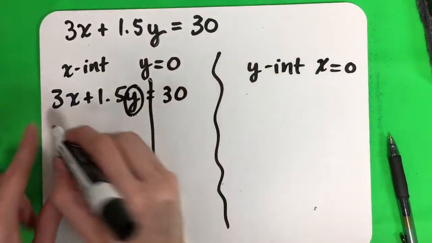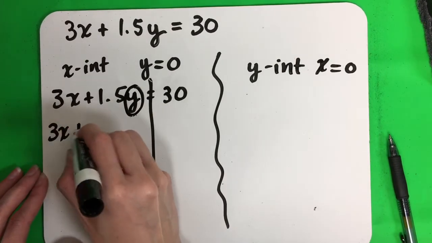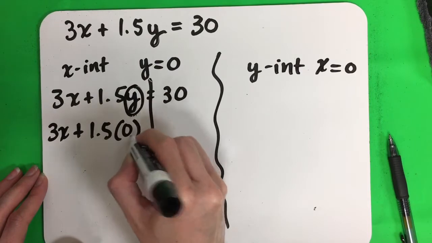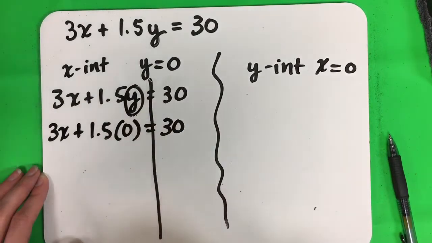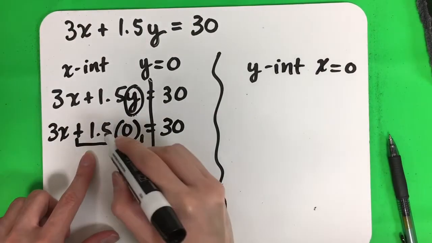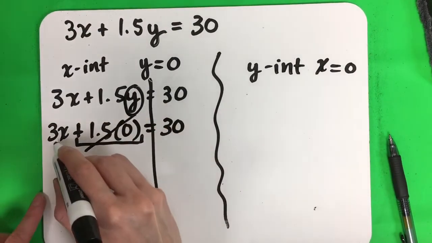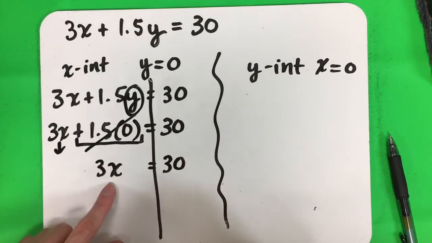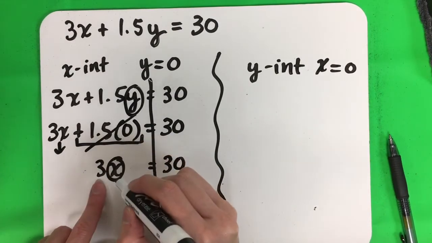So 3x plus 1.5, no y, parentheses 0, parentheses equals 30. We're going to do 1.5 times 0. 1.5 times 0 is 0. Cancel, copy, 3x equals 30. I want x alone. 3 is with x.